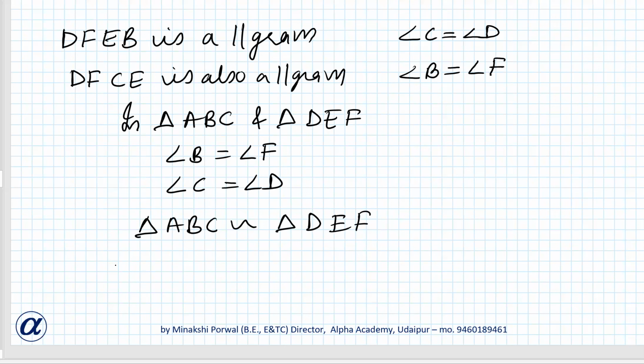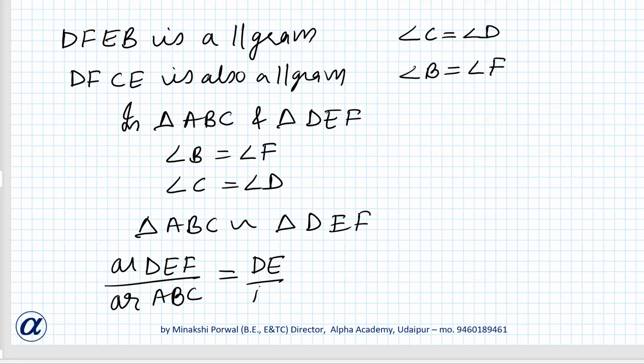If two triangles are similar, the ratio of their areas is the ratio of the squares of corresponding sides. As we want DEF upon ABC, we will write DEF first, then ABC, is equal to D upon AB, the whole square.